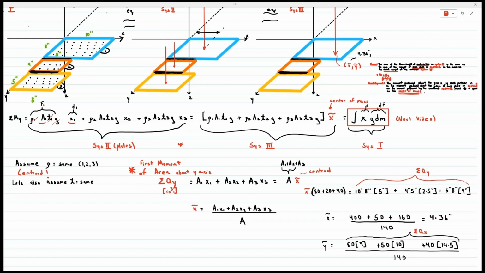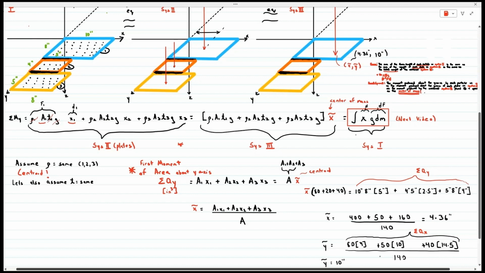Note its units are cubic inches. What does that y-coordinate come out to be? 10 inches. So we've successfully found the centroid of the system, and it actually aligns with the center of mass because the density is exactly the same for all of these plates.